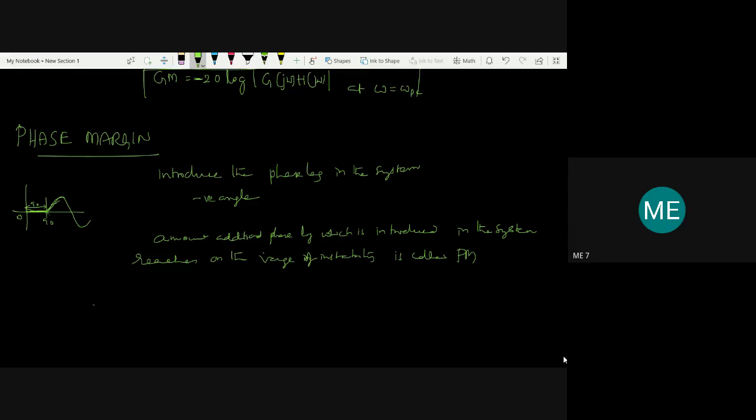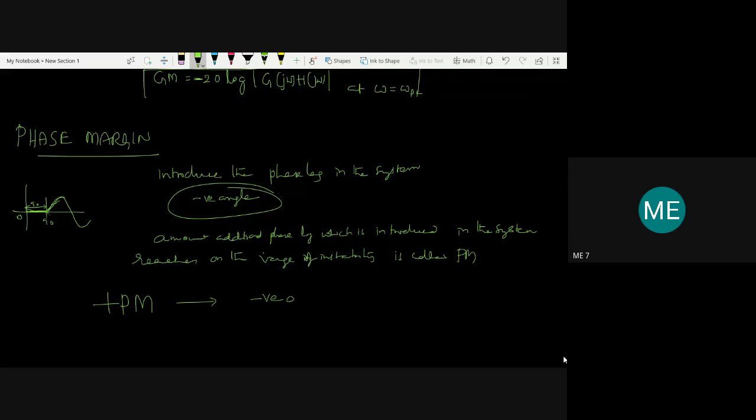So if I have a positive phase margin, it means that negative angle introduction in the system is possible. The introduction of the phase angle in the system that we are discussing here is a negative angle.